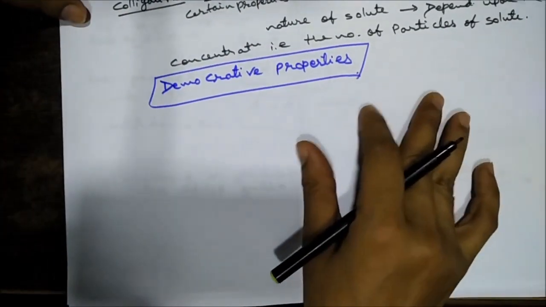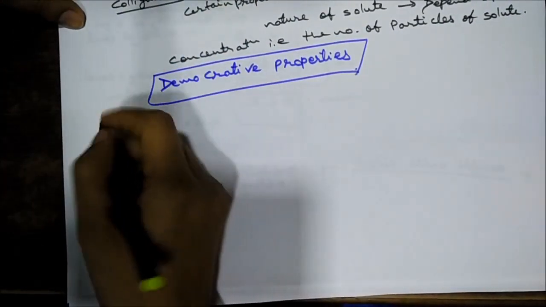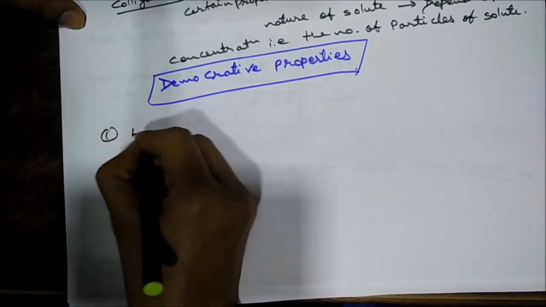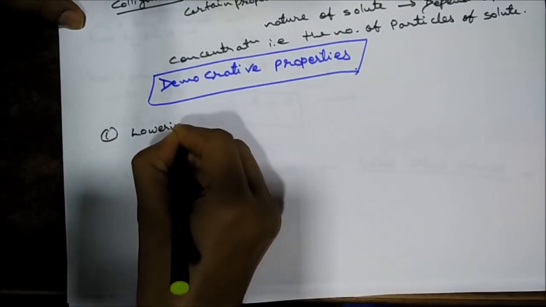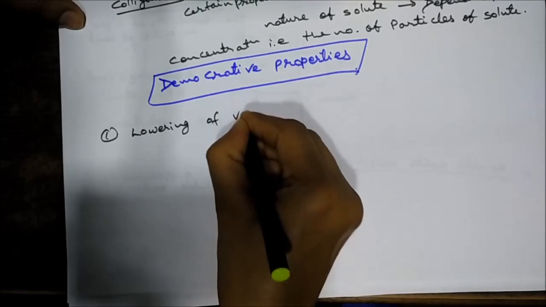We'll study first. There are 4 types of colligative properties. First is lowering of vapor pressure.